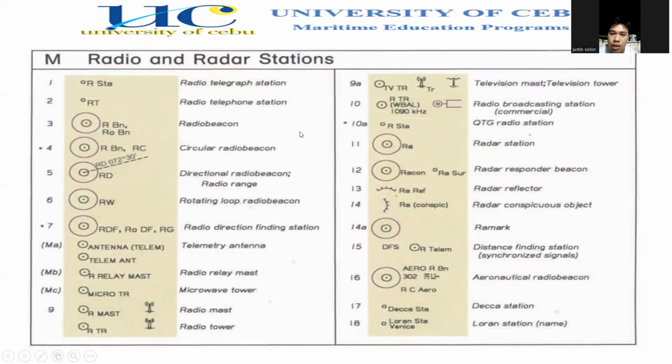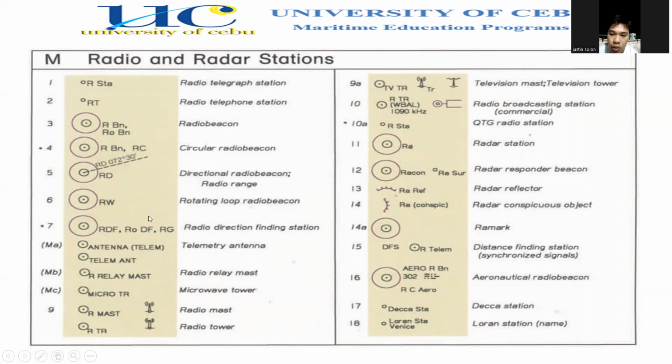Radio and radar stations. This is the list of radio and radar station signals. For example, number 3, RBN or ROBN, means radio beacon.